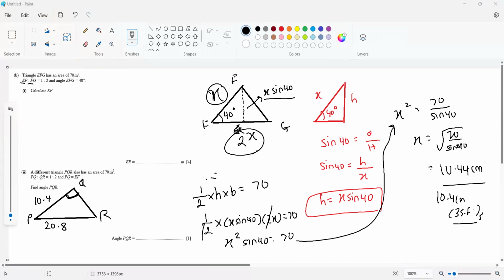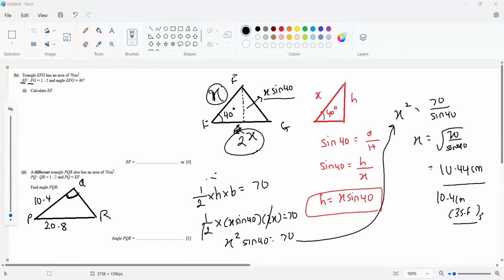So actually, if it's a different triangle instead, we could actually consider a different angle for PQR.